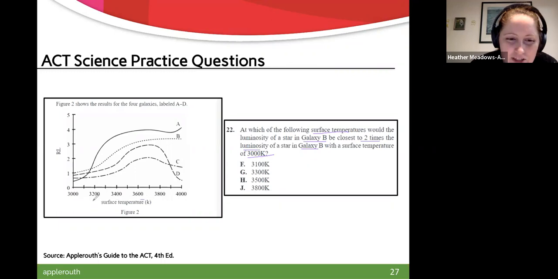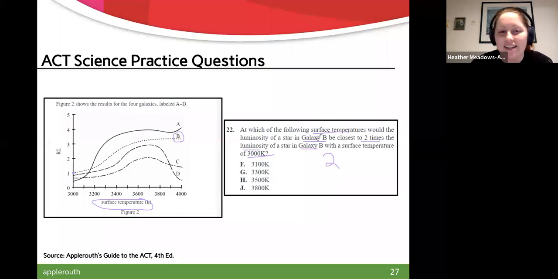So we see temperature, and we see galaxy B. We're just word matching here. I'm looking for 3000, B is the dots, so 1. Okay, so 2 times that would be 2. So what temperature would you get a luminosity of 2 in galaxy B? Let's draw a line.